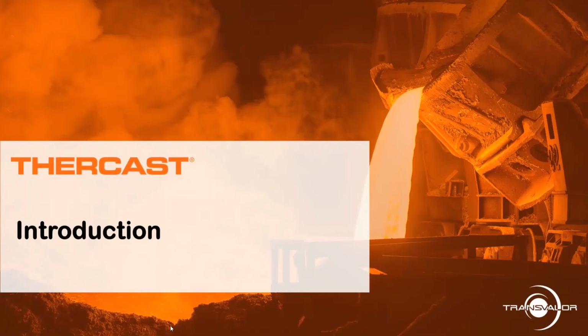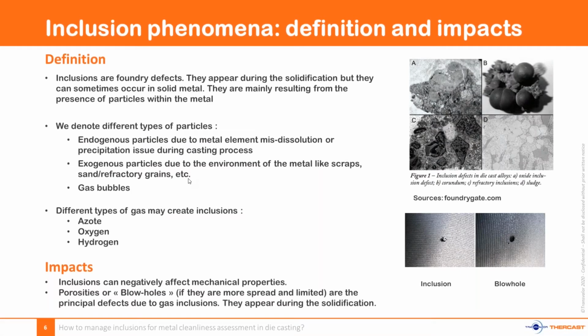Okay, so for the introduction, I'm not going to give a course about inclusions, but some words about the definition and what impacts they have during the casting process. So inclusions are foundry defects. They appear during the solidification, but they can sometimes occur in the solid metal. They mainly result from the presence of particles within the metal during the process.